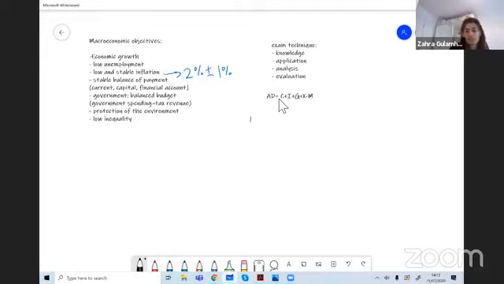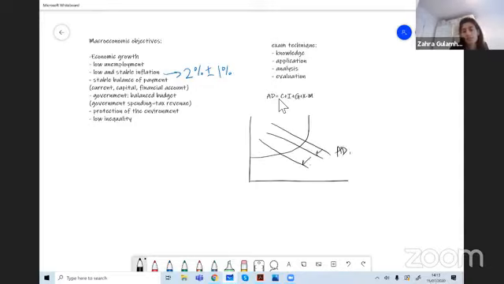So on your diagram, if you've got my LRAS and my AD, what's happening is our aggregate demand is shifting to the left. Remember to always label your axes, or you're going to get marked down in an exam.